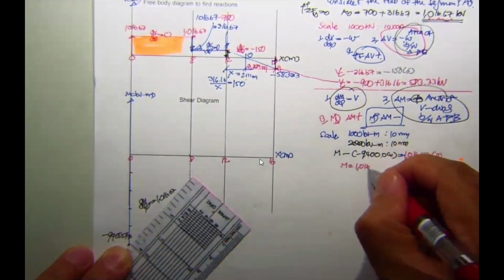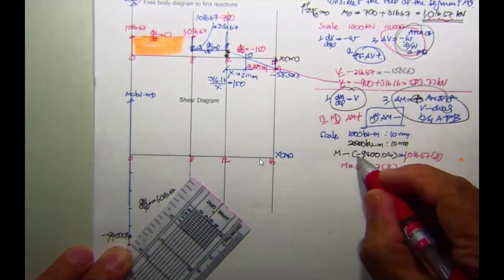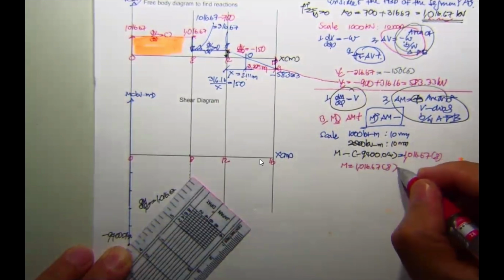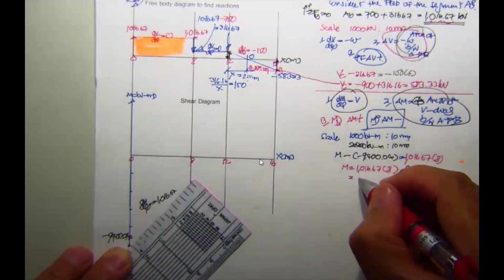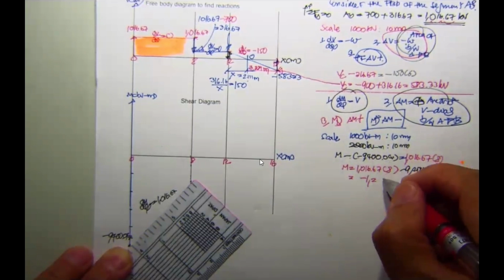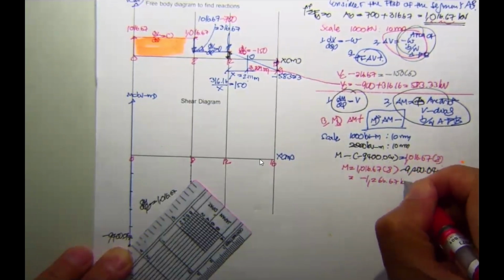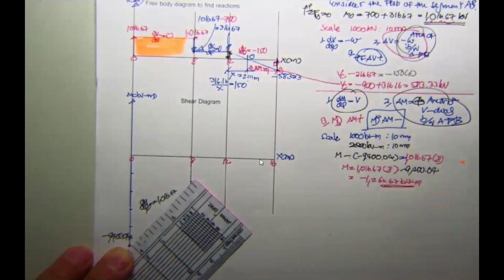So M is going to be 1016.67 times 8, and the negative changes to positive, and then move to this one, minus 9,400.04. You're going to get this one to be minus 1,266.67 kilonewton meter. Underscore it.